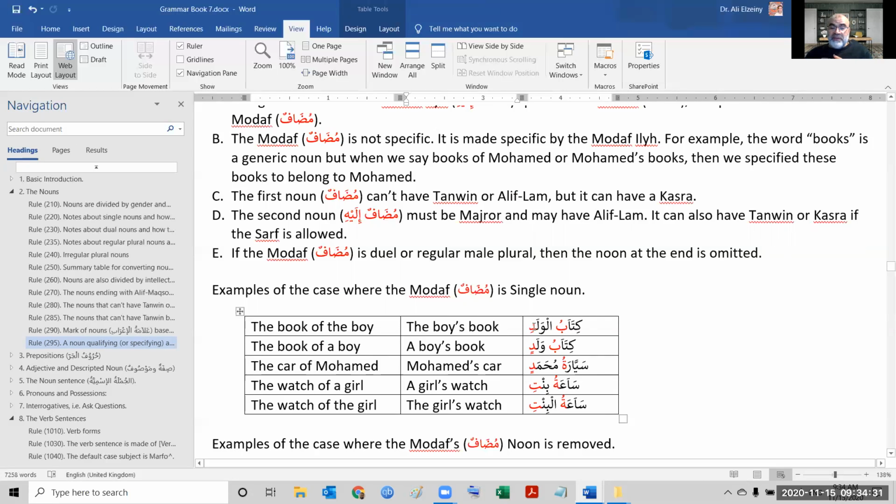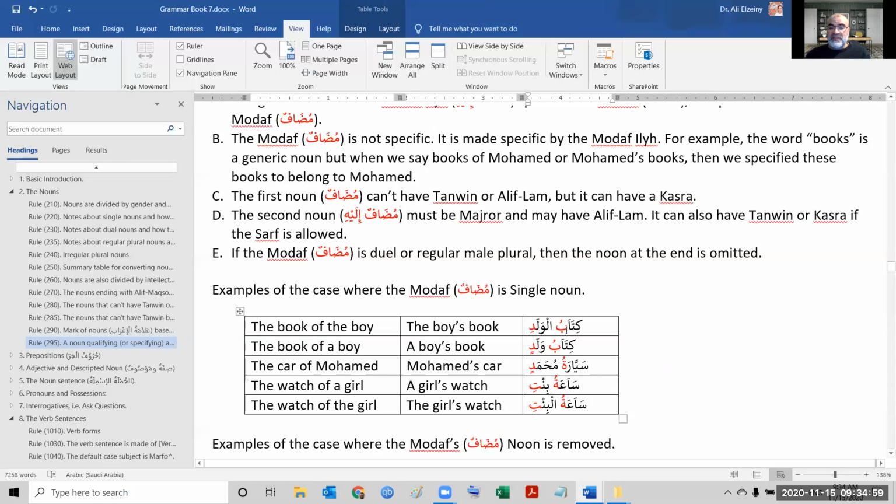So here the boy is al-walad. Boy, walad. The boy, al-walad. And this is kitabu, book. Okay? So the default case for the Modaf, which is the first noun, is to be marfu'. Marfu' means dhamma in this particular situation.